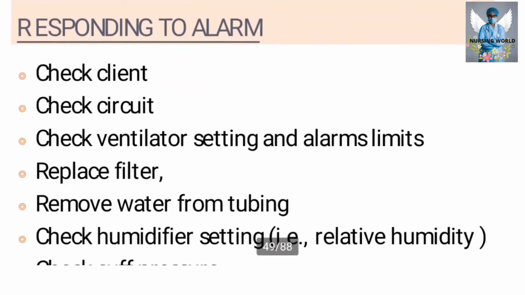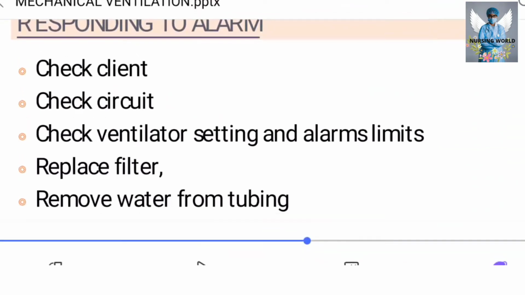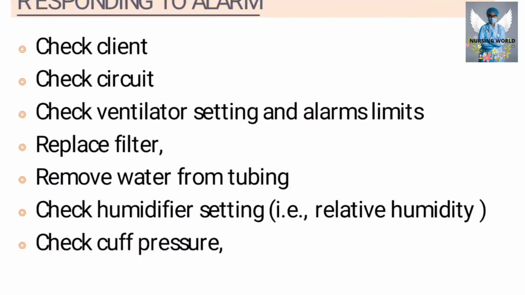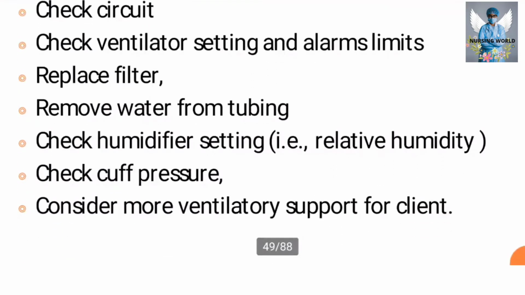In responding to the alarm, we should check the client, check the circuit, check the ventilator settings and alarm limits, replace the filter, and remove water from the tubing. Then we need to check the humidifier settings, for example those related to humidity, check the cuff pressure, and consider more ventilatory support for the client.